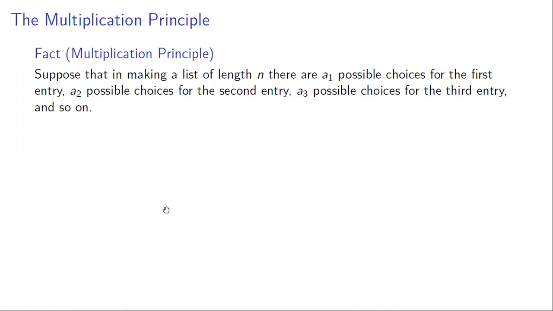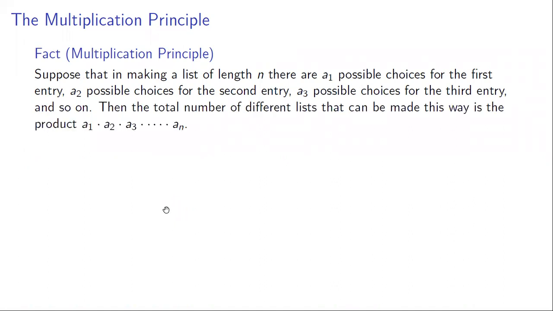Okay, so here we state a general fact. Suppose that in making a list of length n, there are a sub 1 possible choices for the first entry, a sub 2 choices for the second entry, a sub 3 possible choices for the third entry, and so on.